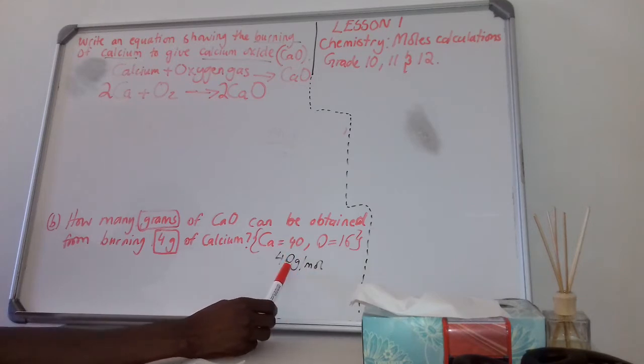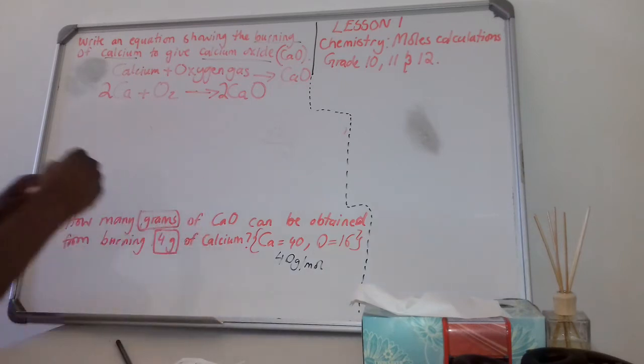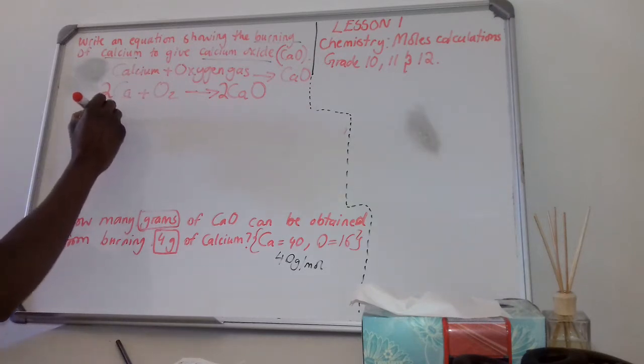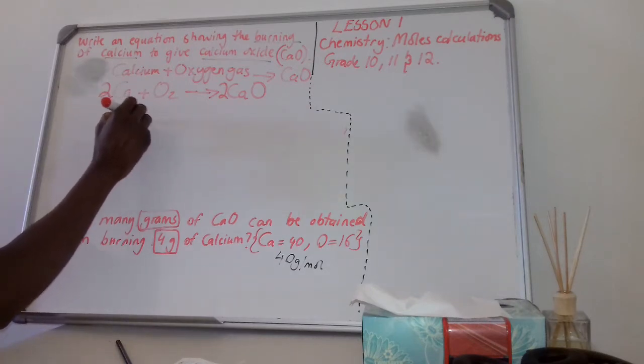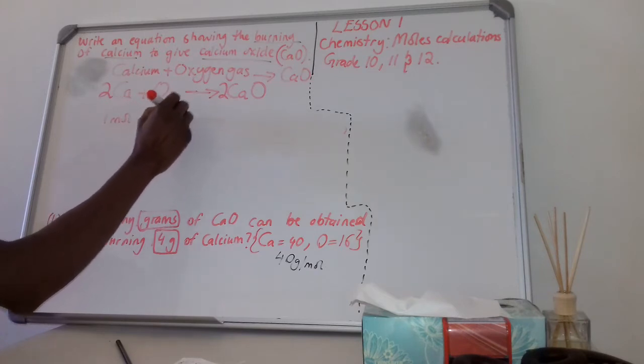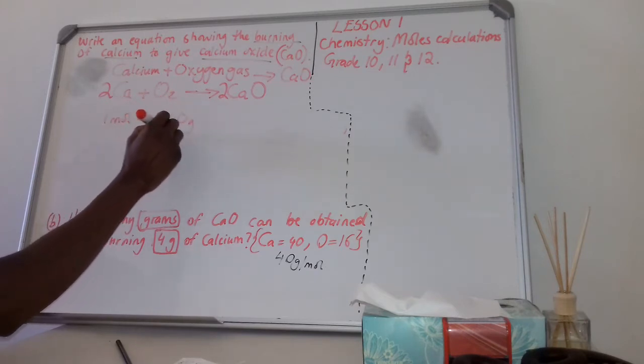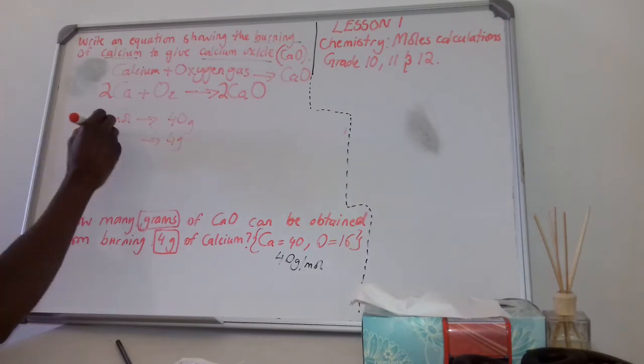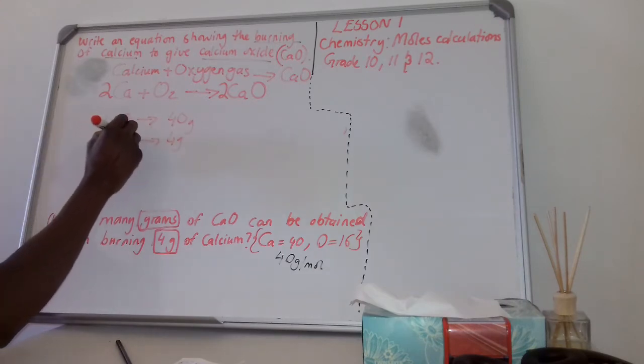So 1 mole gives us 40 grams. What if I have 4 grams? So 1 mole of calcium should give us 40 grams. What if I have 4 grams? That should give me 0.1 moles.